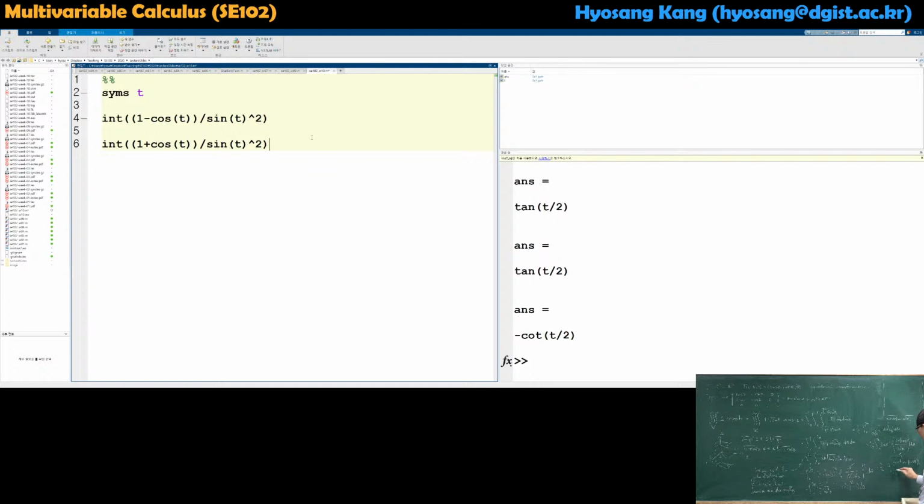First take 0 to pi over 2 of sine square 1 minus cosine theta, and then pi over 2 to 3 pi over 2 sine square 1 plus cosine theta, and then 2 over 3 pi over 2 to 2 pi of the same thing, d theta.